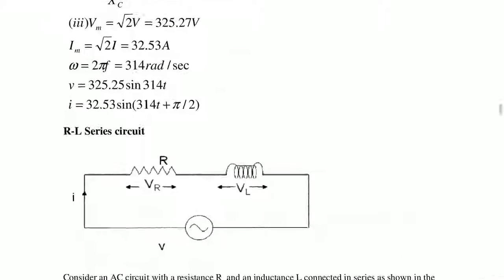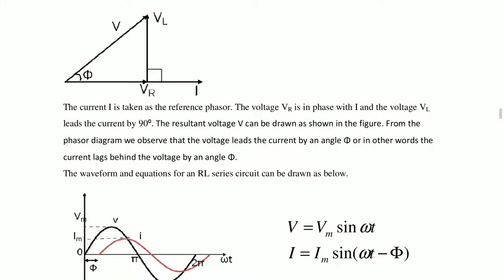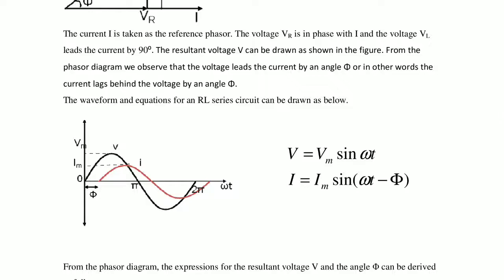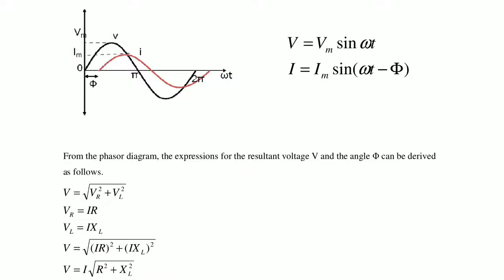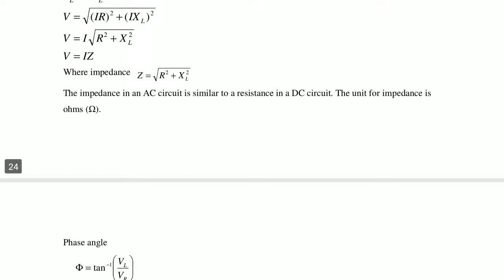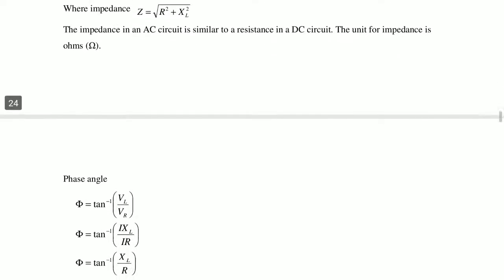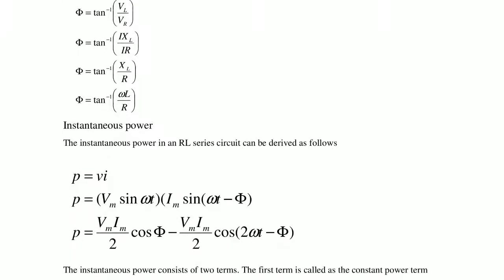How can we draw the RL triangle, and VL, VR and total voltage, how much is leading or lagging, how the voltage is calculated, how the current is calculated from these equations, how the impedance and phase angle are calculated, and the instantaneous power? These we will see in the next class.